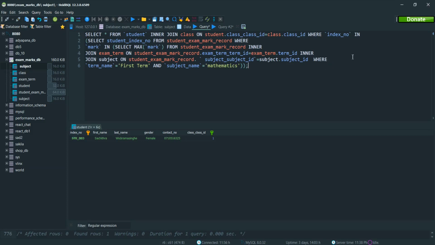Here also I have used two subqueries, here and here, and also have used inner join to combine tables. So this is the search query, and here also I have used max function to get the highest number from the mark column. And let's see the result. Here we can see the details as well as the class name.